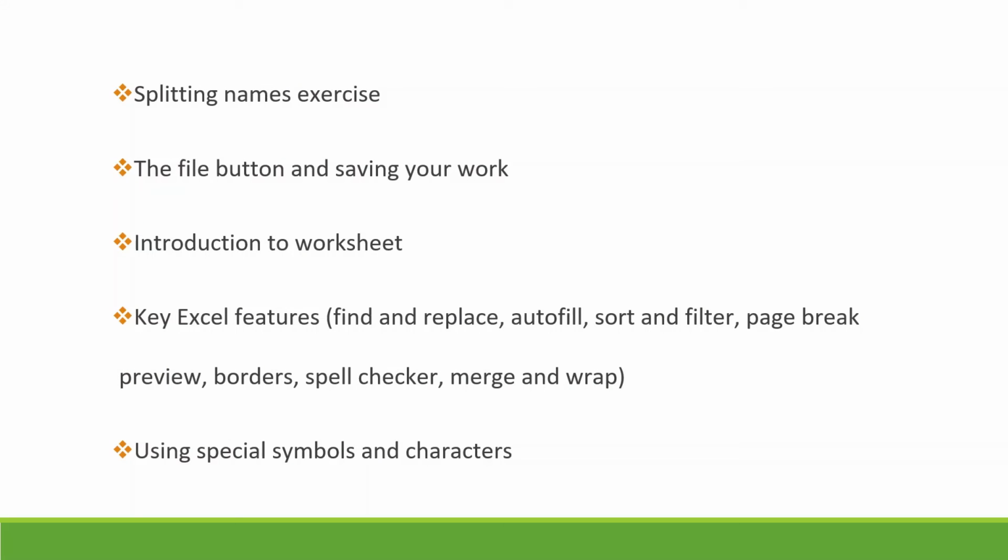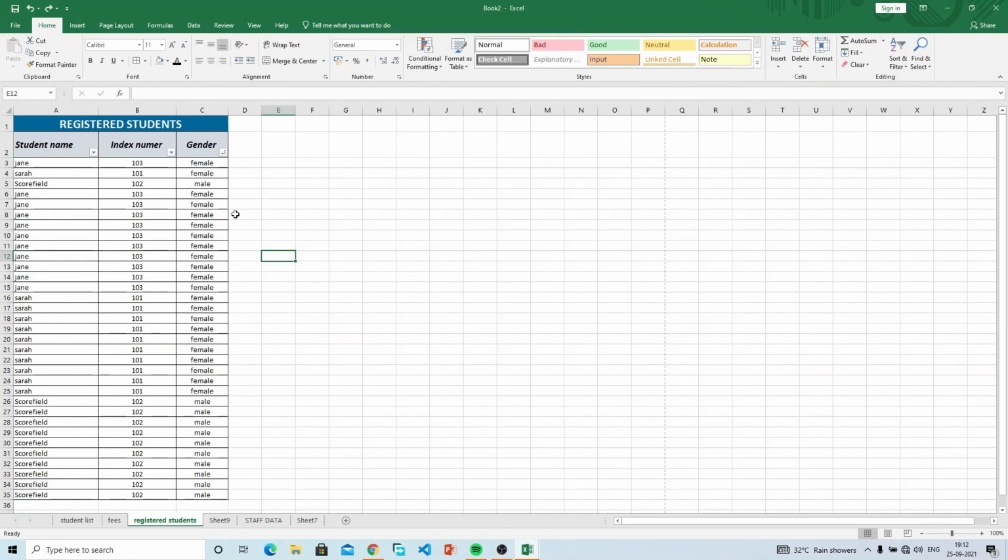All right, so let's get into our splitting names exercise. Assuming we have Jane Doe here, Sarah Newman, and Schofield Obey. We want to split these names.